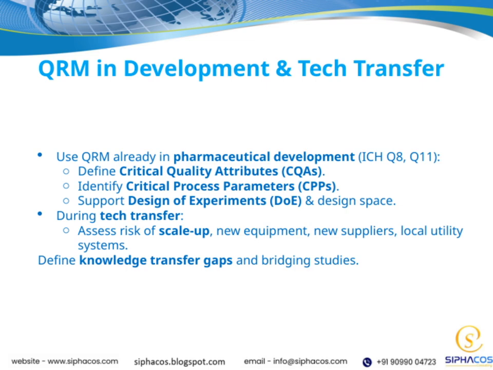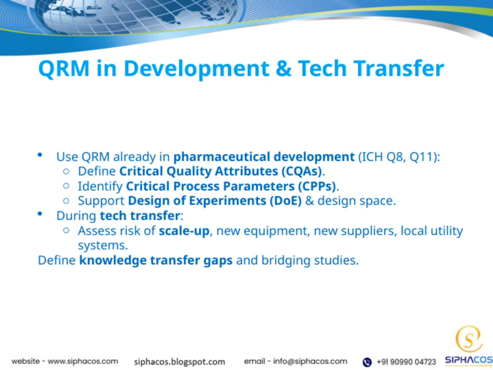Next, we identify critical process parameters, or CPPs, which are the key variables in our processes that can impact those CQAs. Supporting our development efforts, we also utilize design of experiments, or DOE, and define our design space. This helps us understand the relationships between process variables and product quality, allowing for more robust process design and control.